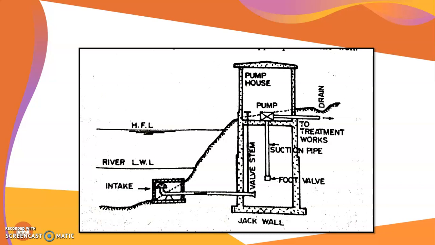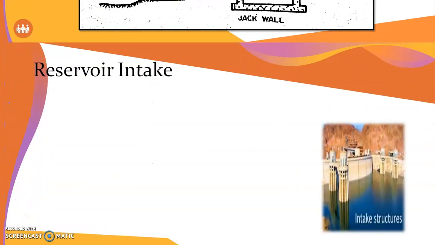This water enters the intake structure under the effect of gravity, from where it is pumped with the help of pumps. Those have been placed above the highest flood level, and such a structure is even called a jack well. This water is then conveyed to the water treatment plant for further treatment.